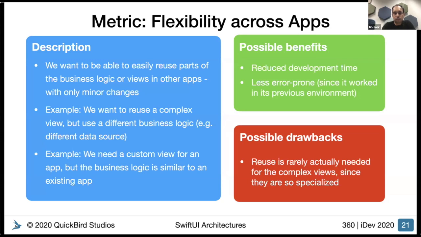And reuse is rarely actually needed for the complex views, since they are so specialized. So actually focusing on this flexibility across apps might not be useful for all of the views. For example, one view might be super specialized on this GitHub application, and then it doesn't make sense to reuse this view in a different application.